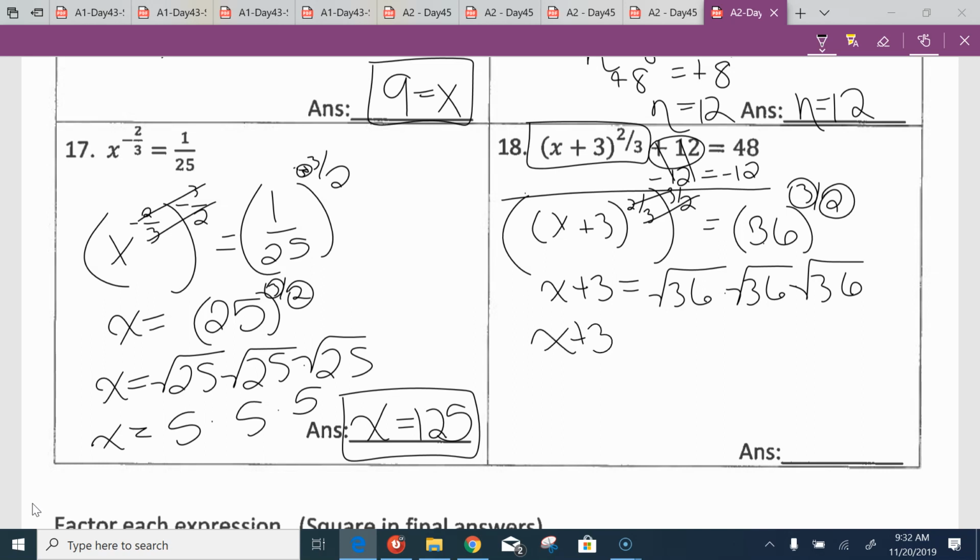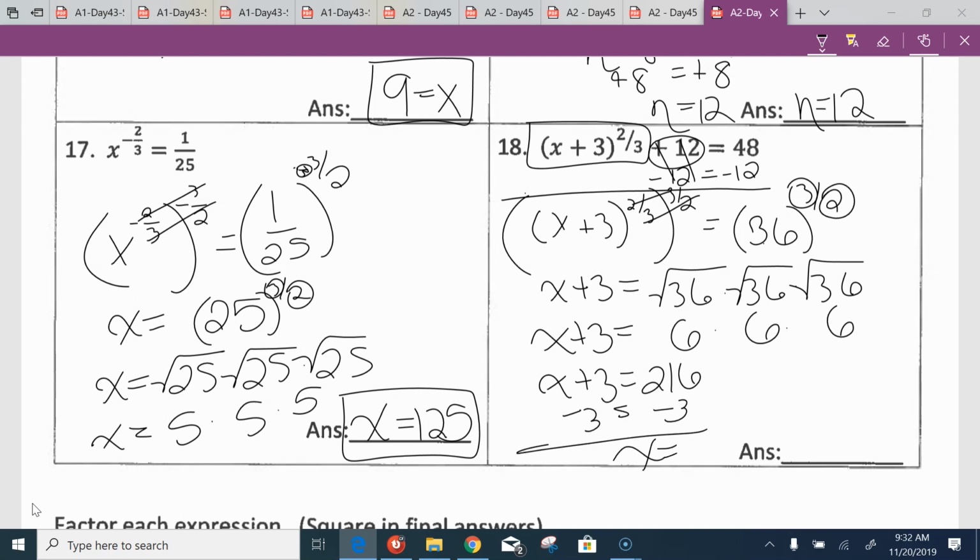The square root of 36, one number times itself gives you 36, is 6. 36 times 6 times 6, which is going to be 216, I believe. Yes. So x plus 3 equals 216. I subtract 3 from both sides, and I get x equals 213. And there's your answer for number 18.